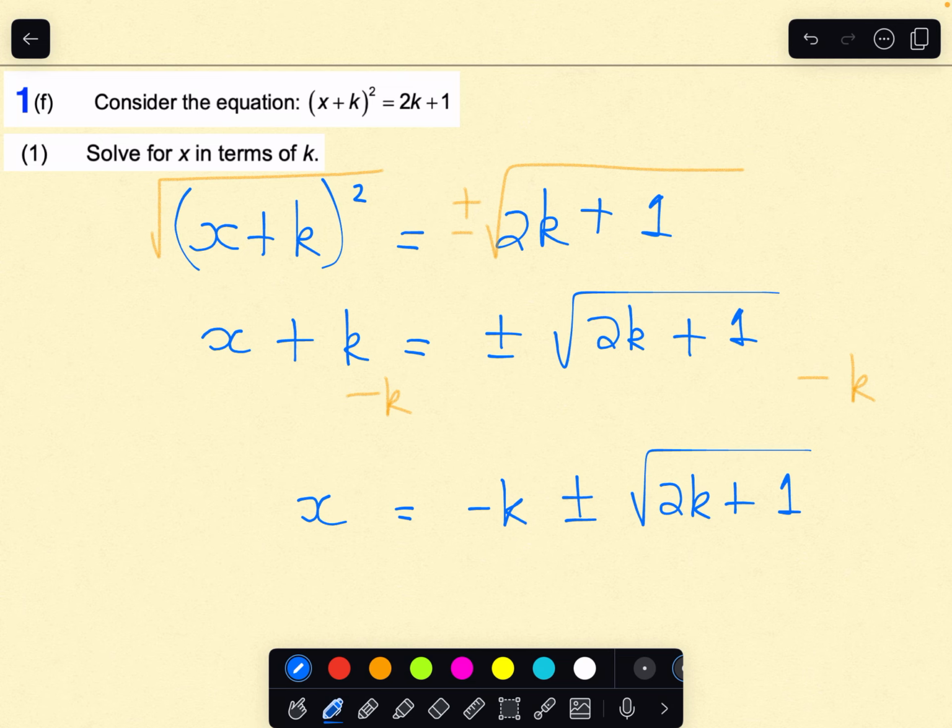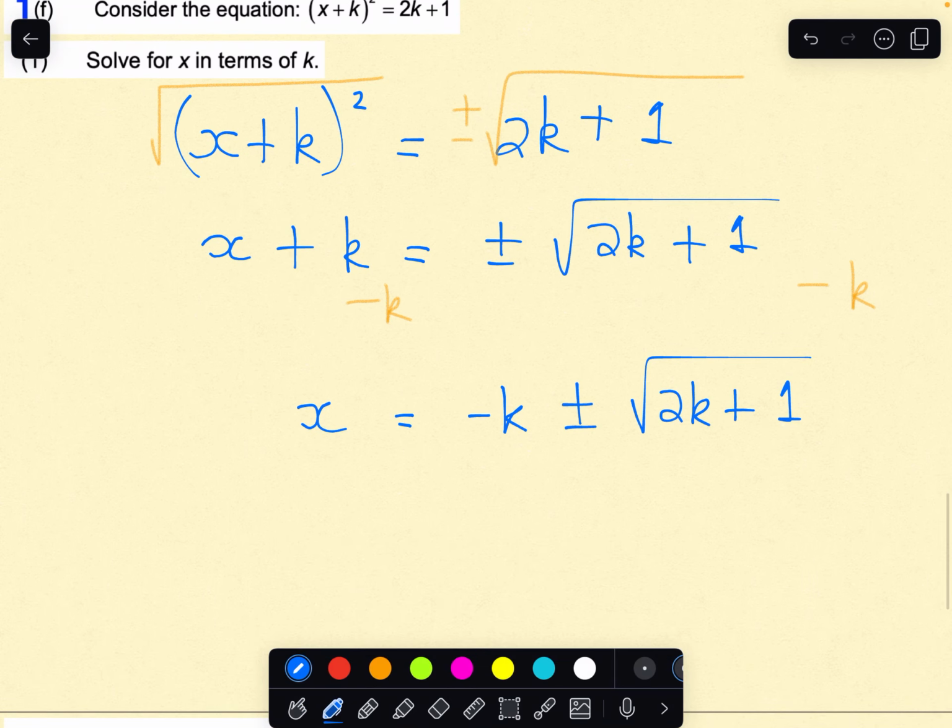Like I always say, the nice thing about an algebra paper is that you can quickly test some of these things. You can choose any real value for k. So let's test with k = 5. Let's be adventurous.